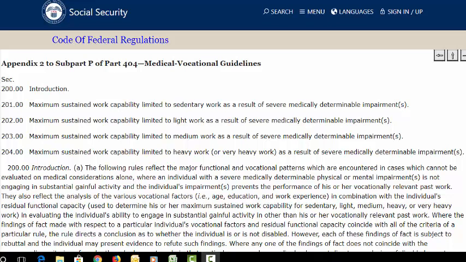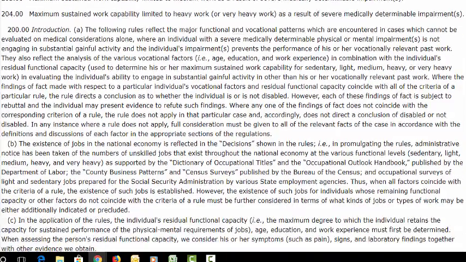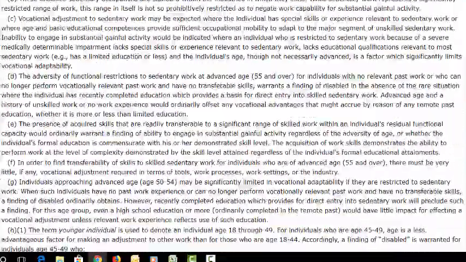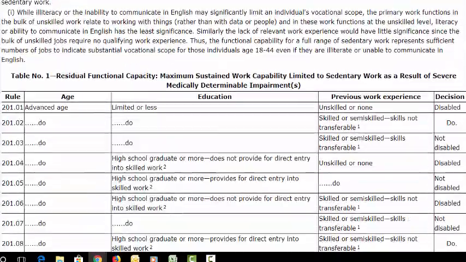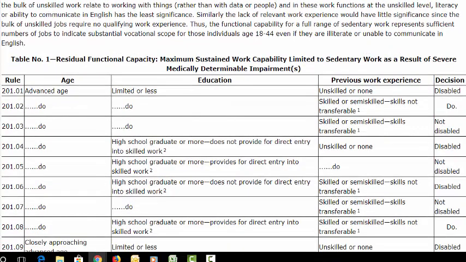So as a general rule, the older you are, over 50, the easier it is to get approved for disability, and under 50, the more difficult it is. I'll go through how that works. The link for this page will be below the video.